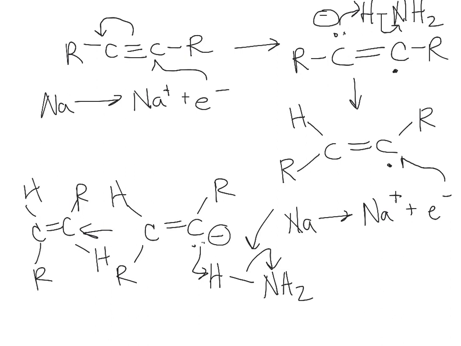There you go. For those of you who like to keep track of your byproducts, there's two sodium ions hanging around and two NH2 minuses hanging around, so you're going to end up with two sodium amides hanging around. So this always gives the trans product, always, always. The end.